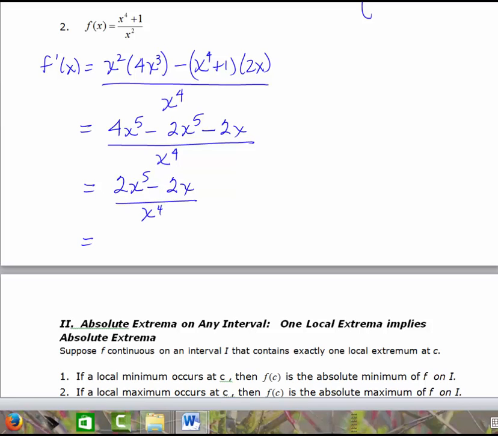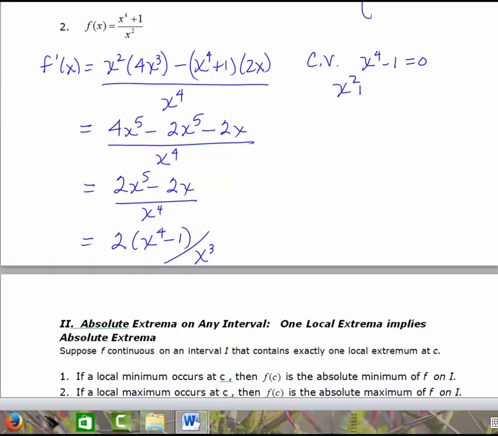One last simplification here. I can factor out 2x. The x will cancel, and I'll get 2 times x to the 4th minus 1, that whole thing over x cubed. And so I know I have critical values where my numerator is equal to 0 and where my denominator is equal to 0. So to find my critical values, I'm going to set x to the 4th minus 1 equals 0.